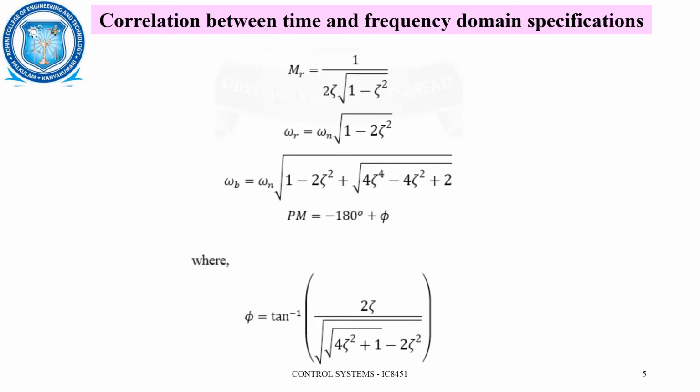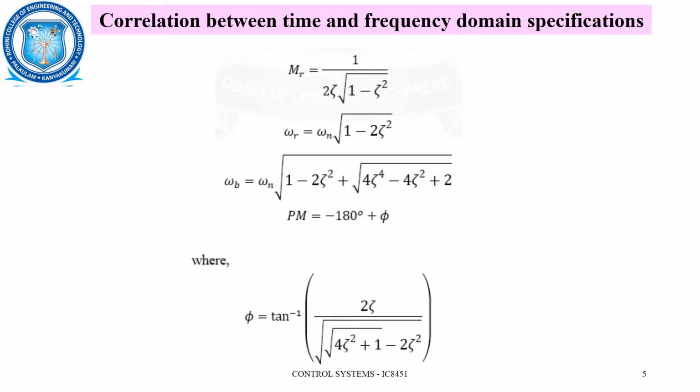Now we know the frequency domain specification values like resonant peak, resonant frequency, bandwidth and phase margin. The Mr value, that is the resonant peak value, is given as 1 by 2 zeta root of 1 minus zeta square, and omega r is equal to omega n into root of 1 minus 2 zeta square.